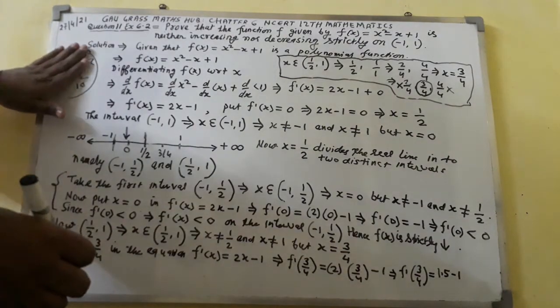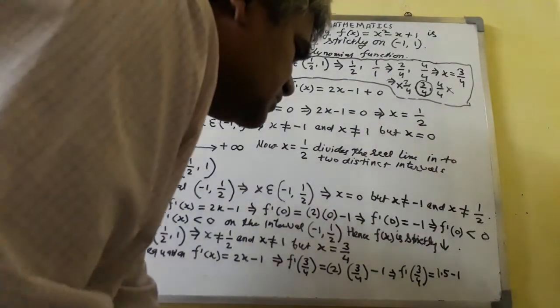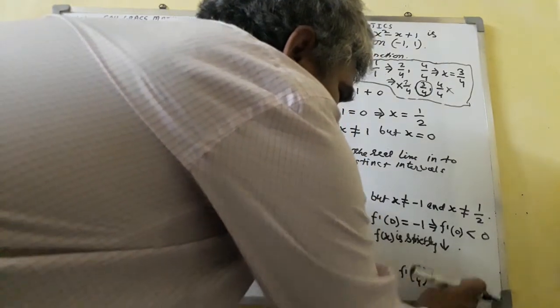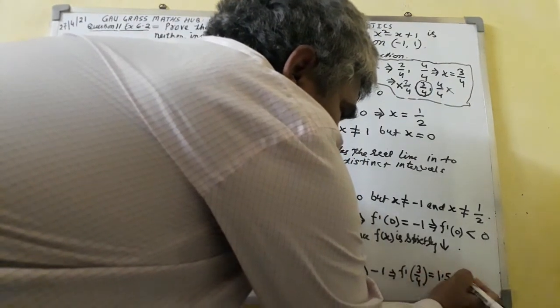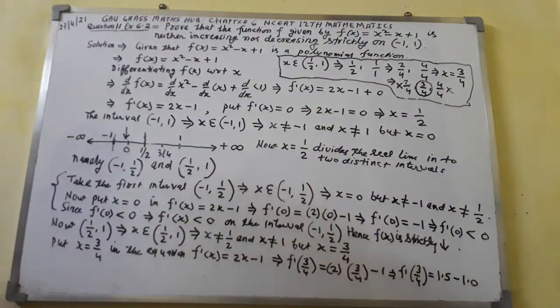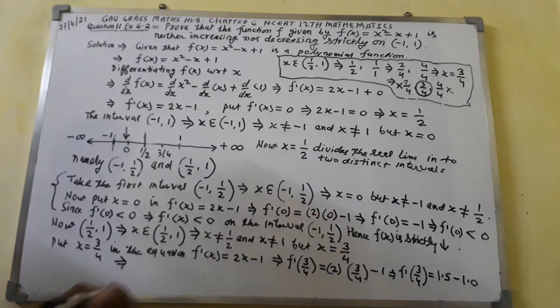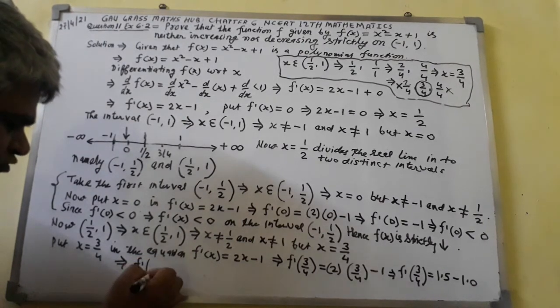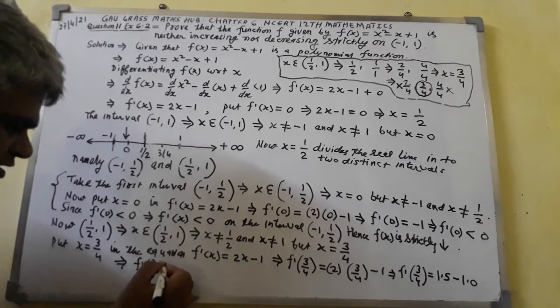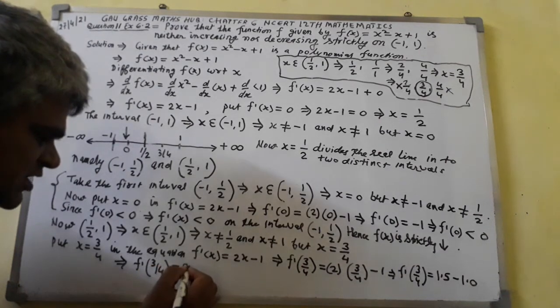Just I am going to erase this one. So you have got here 1.5 minus 1.0. Again I shall write, implied that f dash of 3 over 4 equal to 1.5 minus 1.0 comes out to be 0.5. So here write 0.5.